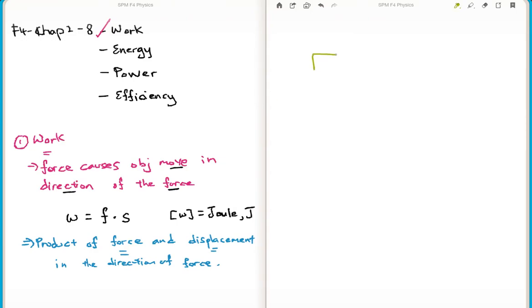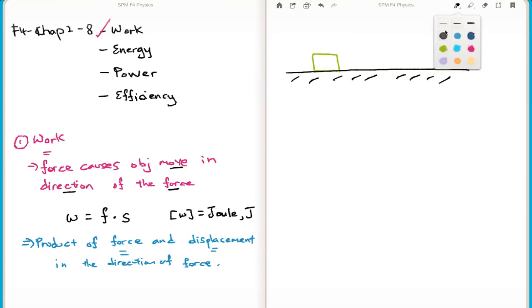You have an object over a flat smooth surface. Now you exert a force, and a few seconds later, you pull it to the right.